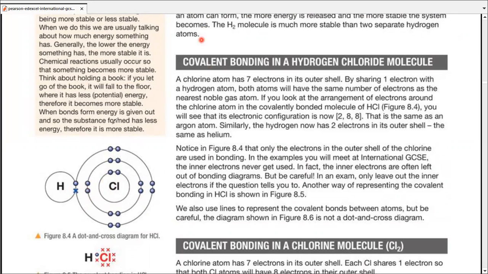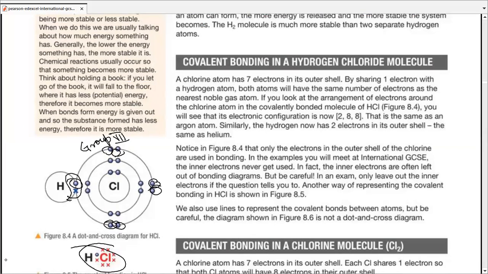Chlorine is present in group 7, and as the group suggests, it should have 7 electrons in its outermost shell. 1, 2, 3, 4, 5, 6, and this is the 7th one. So take a look. Chlorine shares its 7th electron with the only electron of hydrogen to form a bond. This covalent bond makes HCl for us. Take a look.